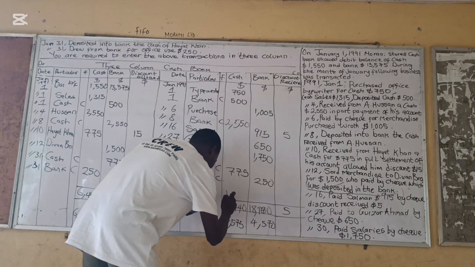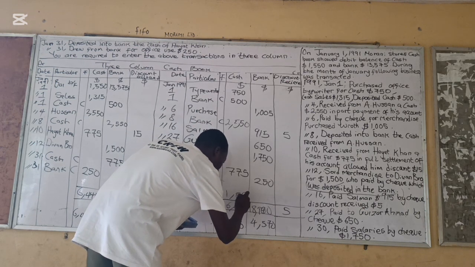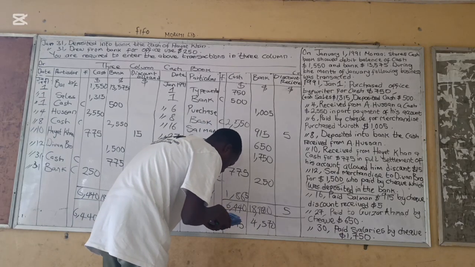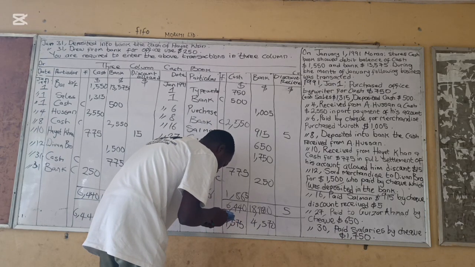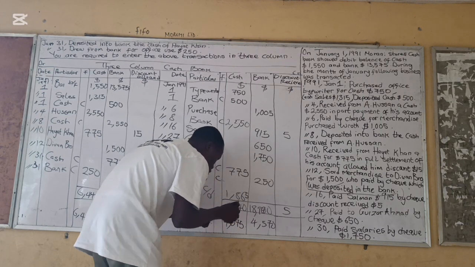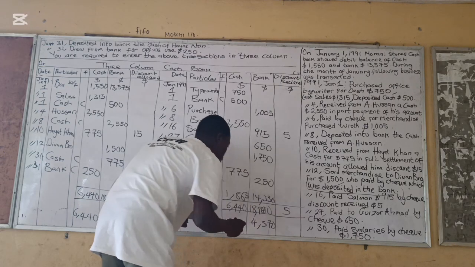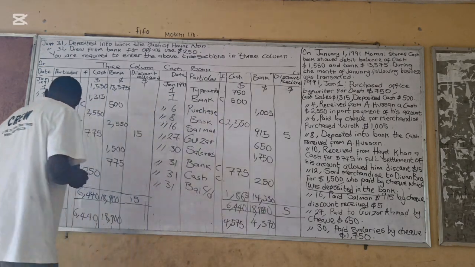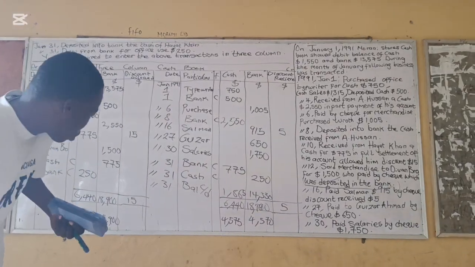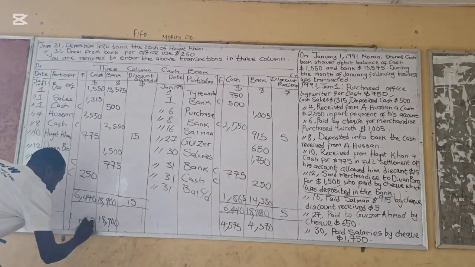So we have $1,865. So the second one, we have $18,900 minus $4,570. So we have $14,330.